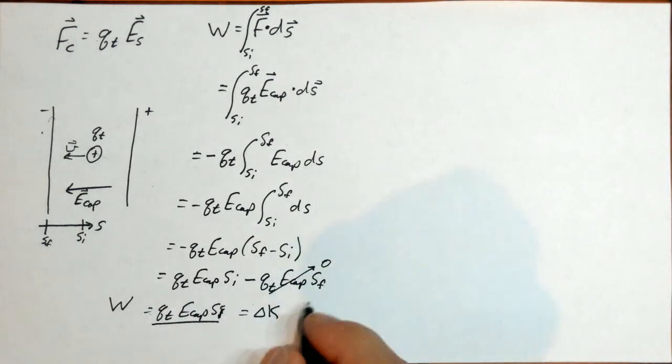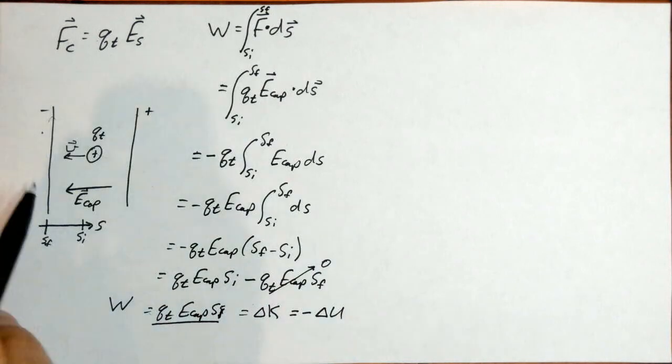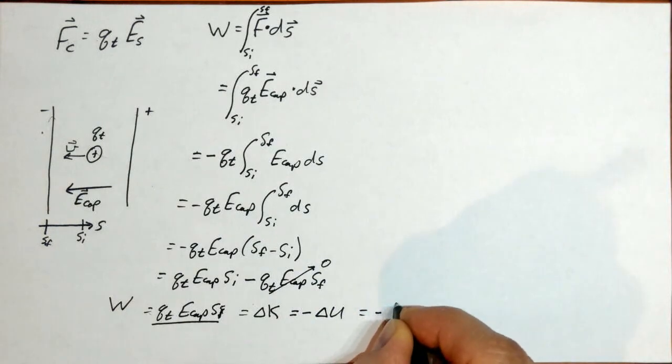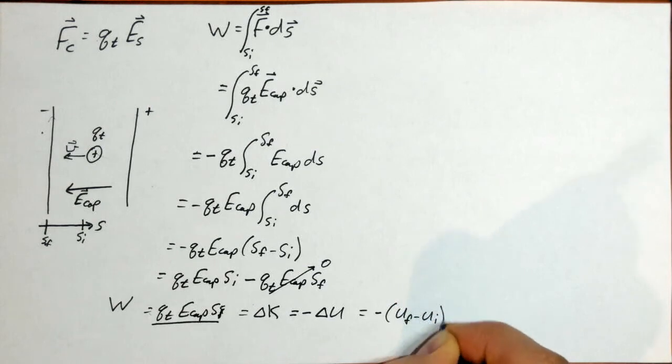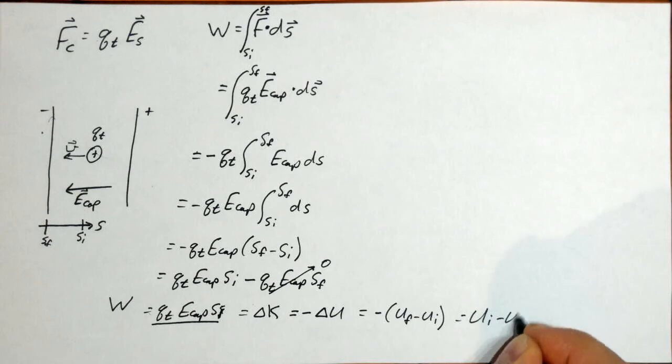But I also know that that's the same thing as the negative change in the potential energy of a system. So this allows us to define potential energy of a particle inside a capacitor. Okay, and so writing that out, that's negative (U final minus U initial). Okay, or it equals U initial minus U final.